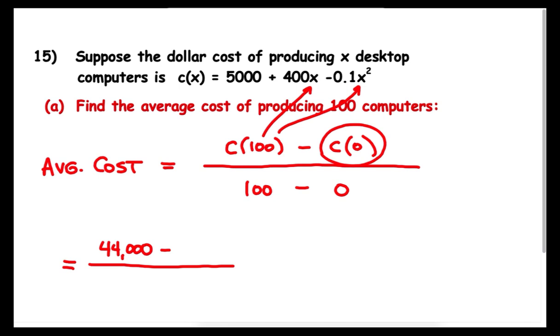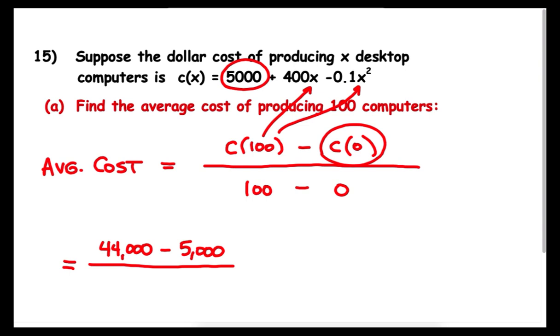Your employees are like, oh my gosh. But you still have to pay the rent on the building. You still have to maintain the machinery. You're still paying the electric bill. It's still going to cost you $5,000 to do nothing. I mean, the employees are going to want to be paid still. Can you imagine, after the pizza party's over, you break the news to them, by the way, we're not paying you for today. They'd be like, what? It's not cool. So it's still going to have a cost.